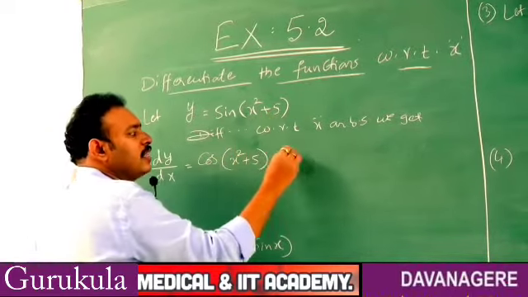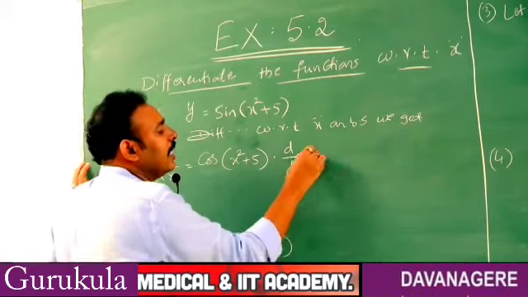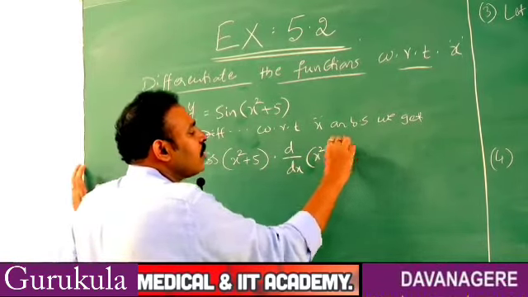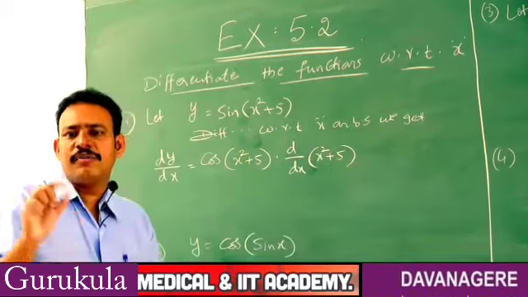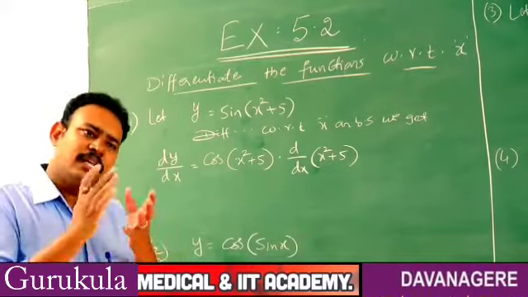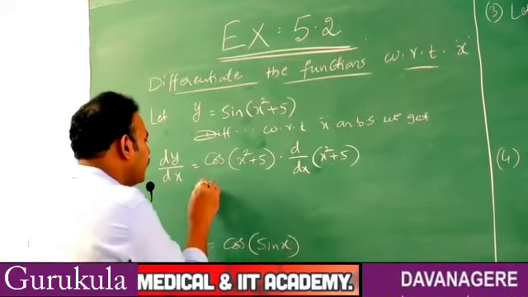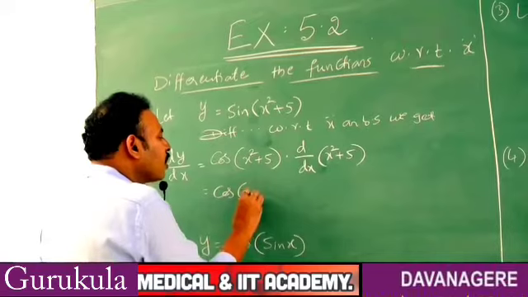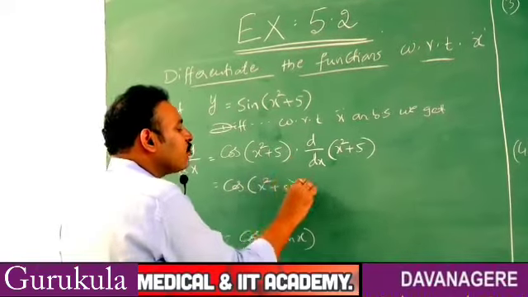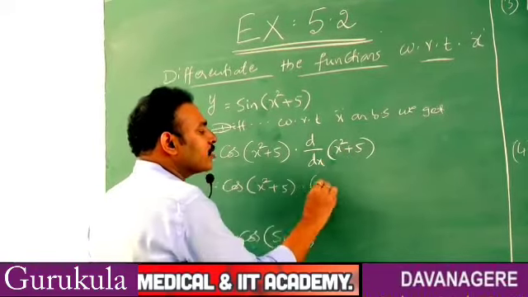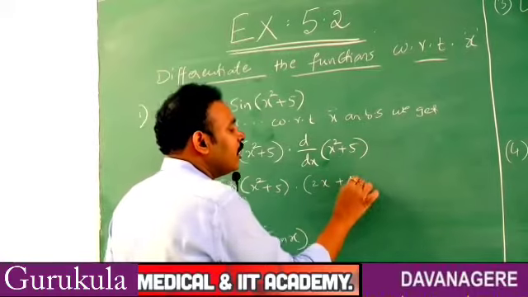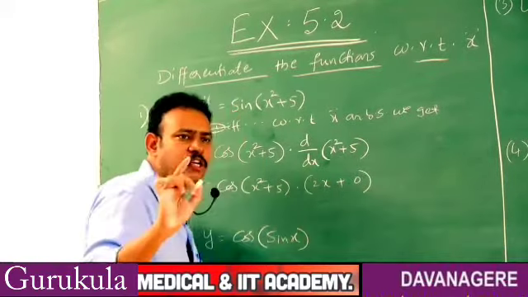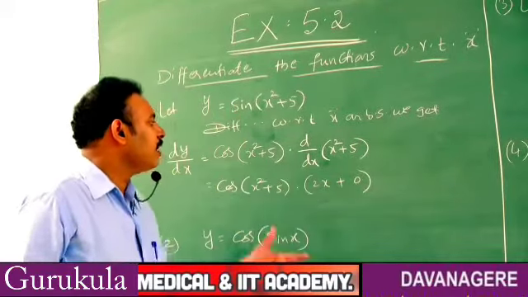Actually, what is there in the place of x? x square plus 5 is there. That again you should differentiate. That is equal to cos of (x square plus 5). Derivative of x square is 2x. Derivative of 5, constant, is 0.